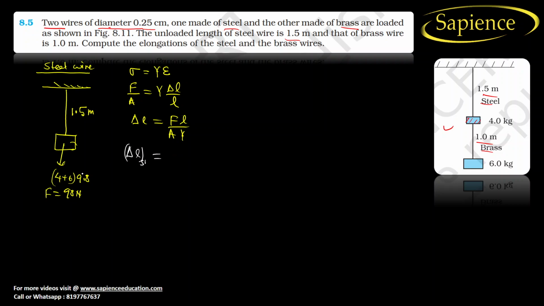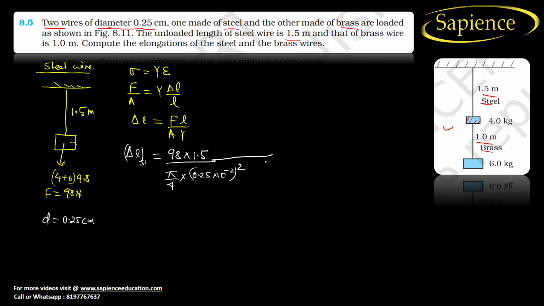For a steel wire, what is the force acting? The force acting is 98 Newton, into the length of the steel wire, 1.5, divided by the area of the steel wire. Area is equal to pi by 4 into diameter squared. The diameter of the wire is given as 0.25 centimeter, so convert it into meter, whole square.